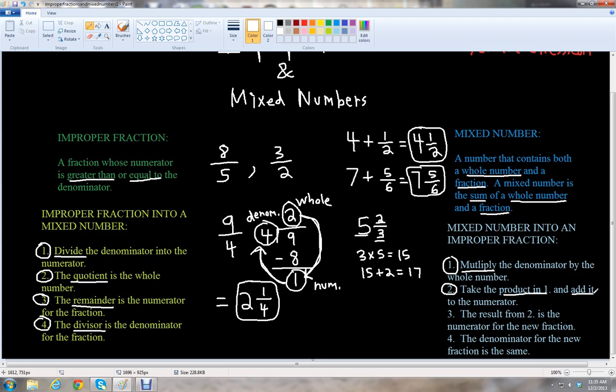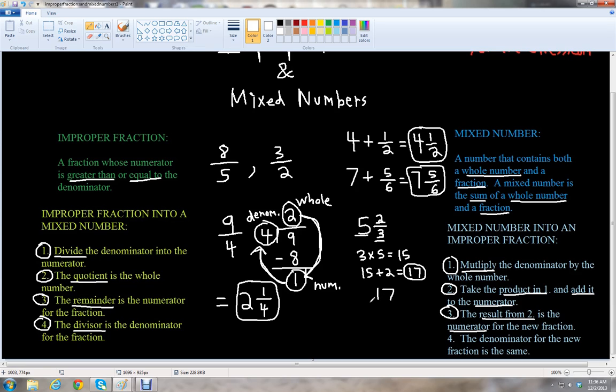And notice we add it to the numerator. And then in step 3, the result we got from step 2 is the numerator for our fraction. So this number here is 17. This is going to be the numerator for the improper fraction.